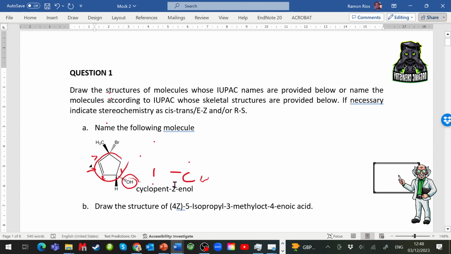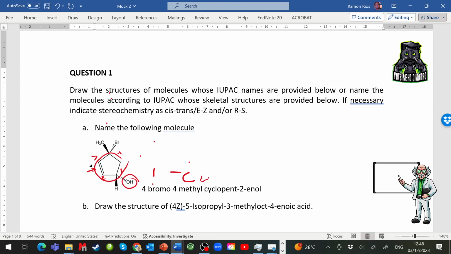And now once we have the main group and the main chain, what we have to do is check the substituents that the molecule has. In position 4, we have a methyl and a bromo. That means it will be 4-bromo-4-methylcyclopent-2-enol.